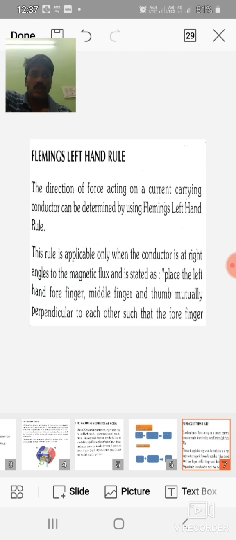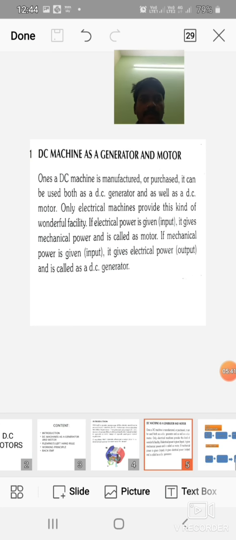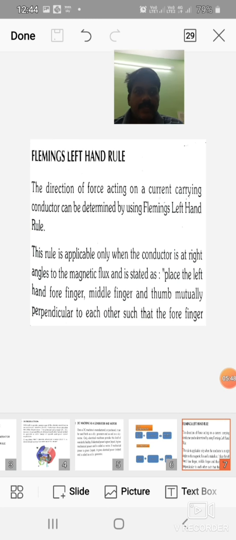Before going to the working principle of a DC motor, you must know what Fleming's left hand rule is. The direction of force acting on a current carrying conductor can be determined by Fleming's left hand rule.